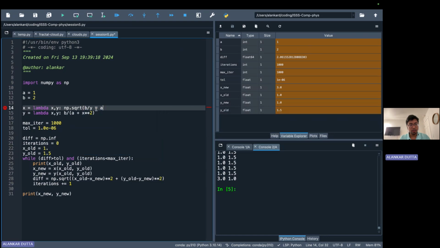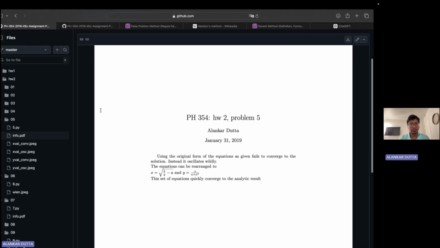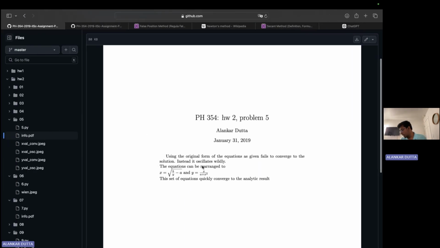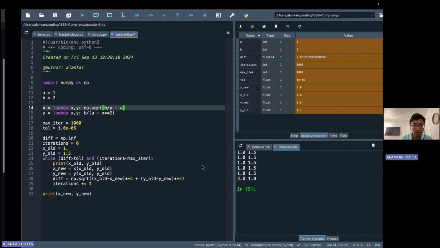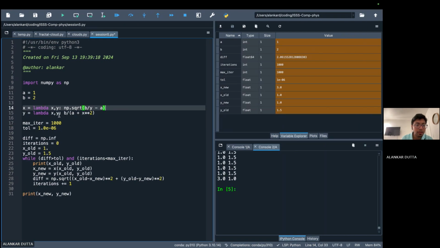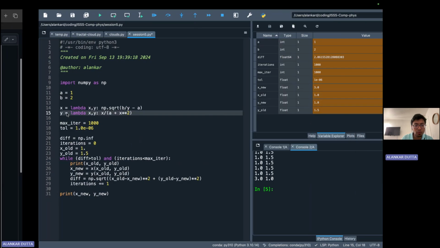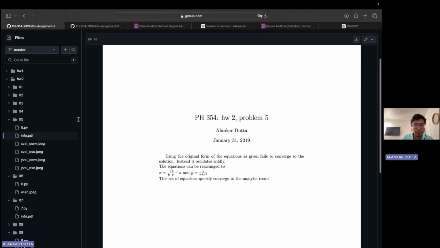The other thing to note in here is that these two equations, algebraically speaking, are the same as the previous one. You can look at it like it is just a rearranged form and nothing else. And y equals to x over a plus x square.